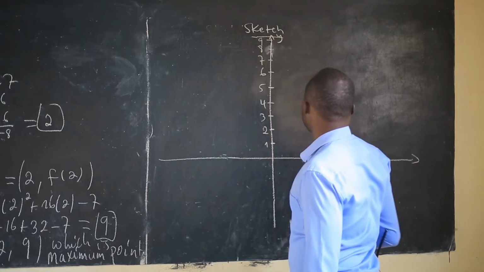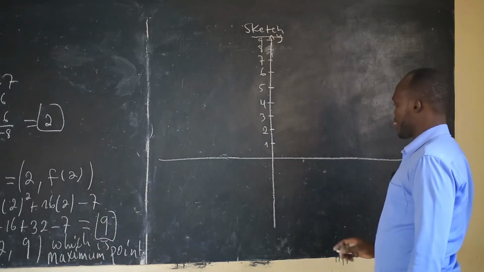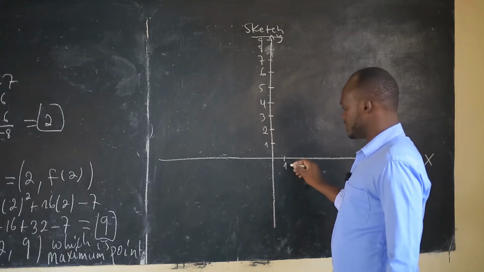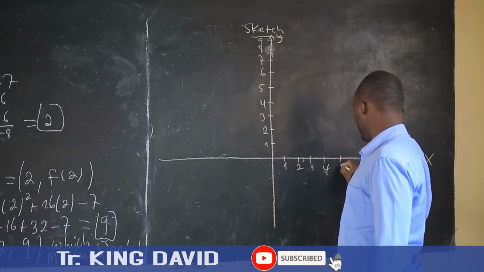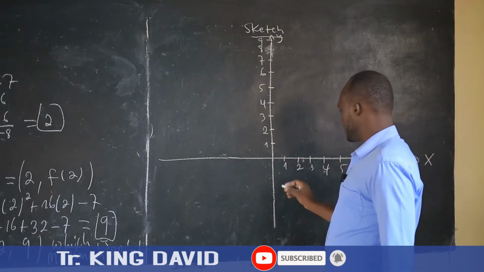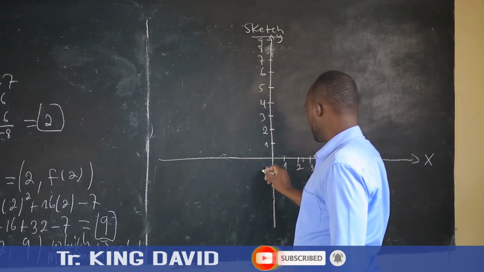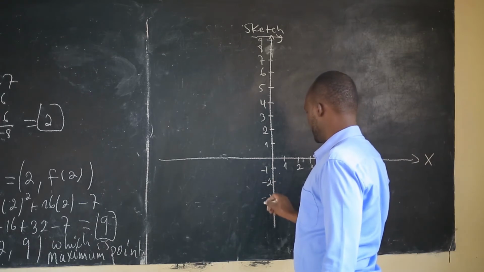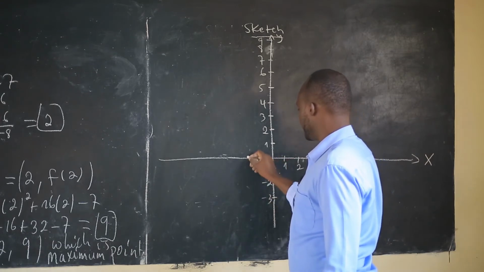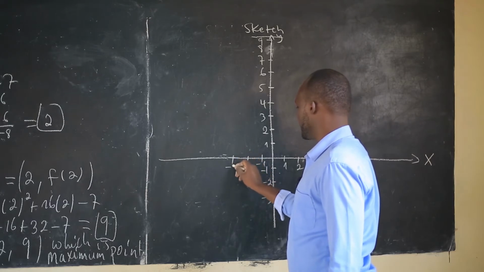So this is the y-axis and this is the x-axis. So we have 1 here, we have 2, 3, 4, 5, 6. We have negative 1, negative 2, negative 3.